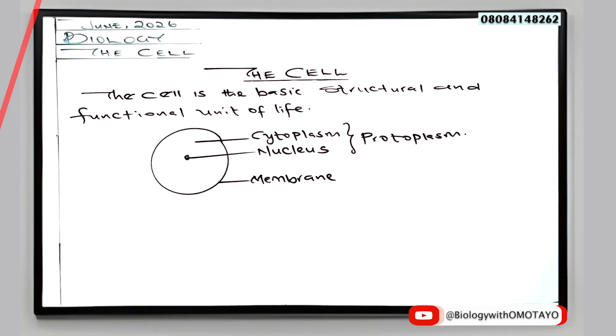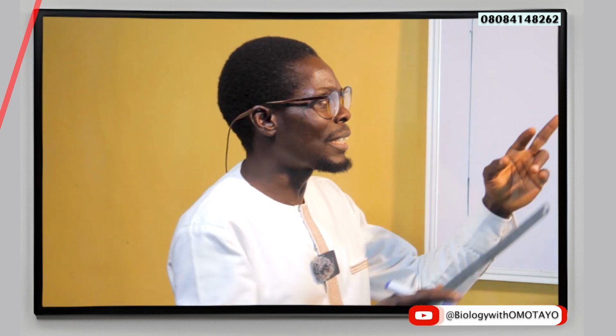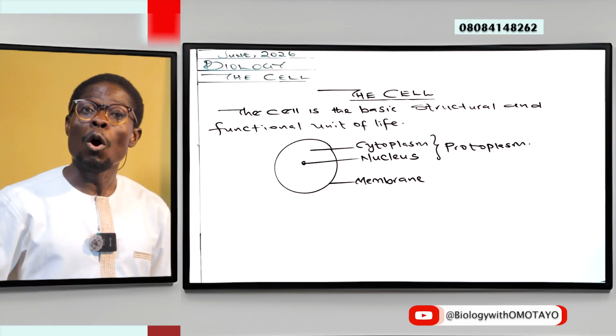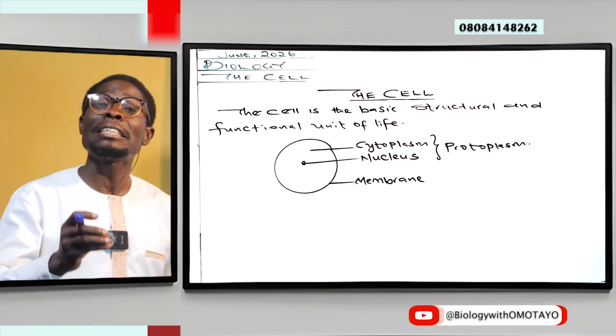And so, in summary, we can say a cell is made up of cytoplasm, nucleus, and membrane. Come to think about it, cytoplasm and nucleus give us what we call a protoplasm, which means I will equally be correct to say again that a cell is made up of protoplasm and membrane.